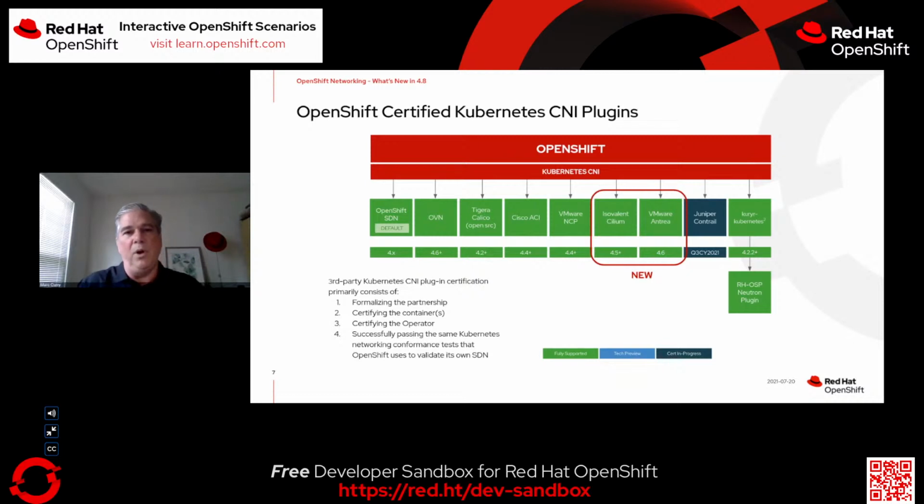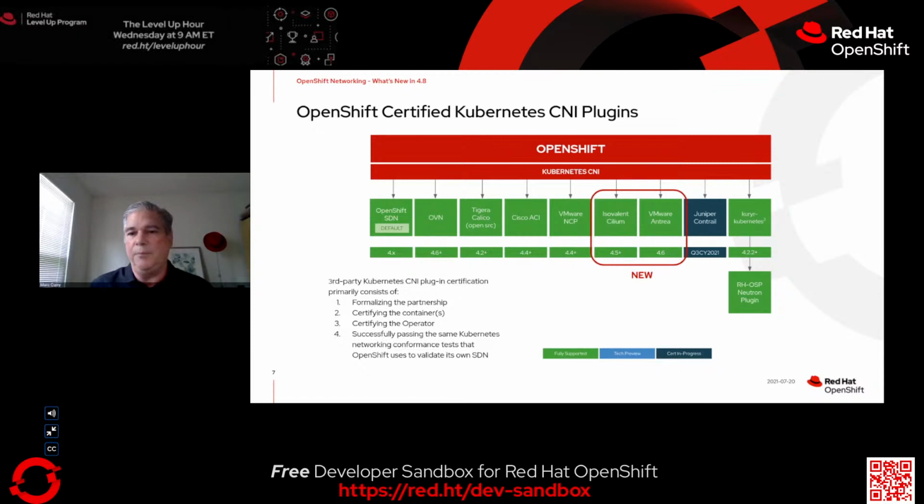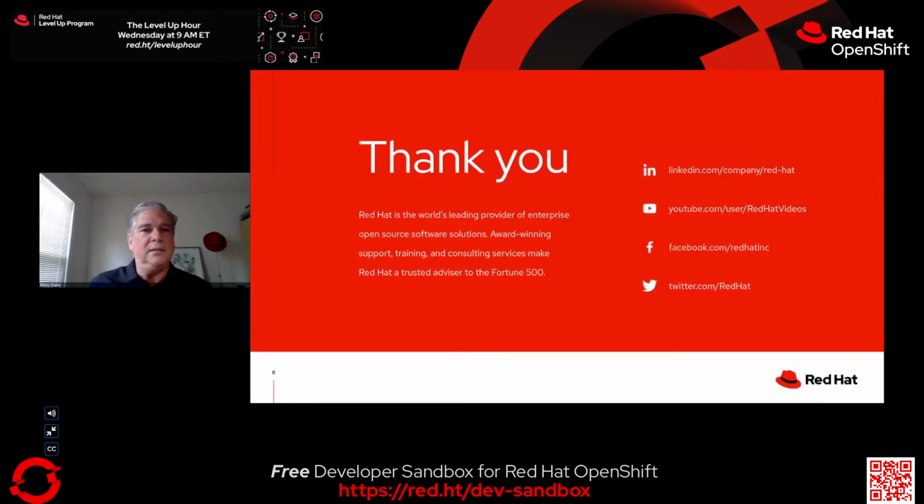But we welcome on board these new plugins, and hopefully these will be useful to our customers going forward. And so that brings us to the end of what's new at a high level in networking in OpenShift 4.8. So I will open the floor to any questions that people might have.